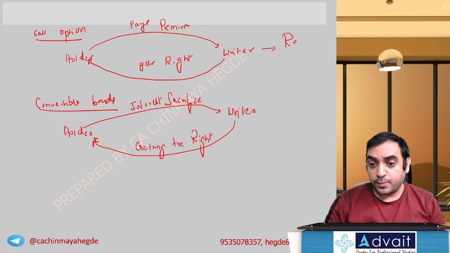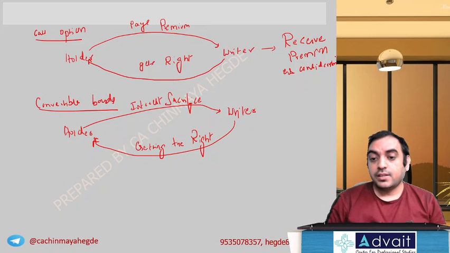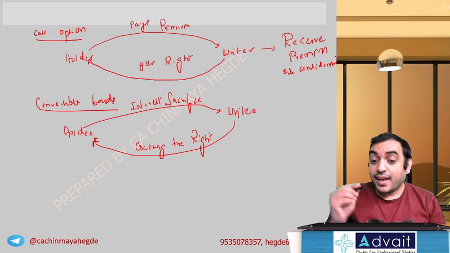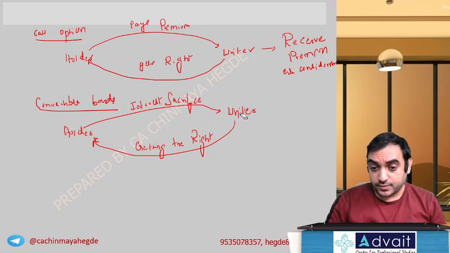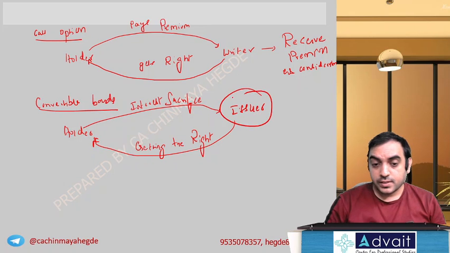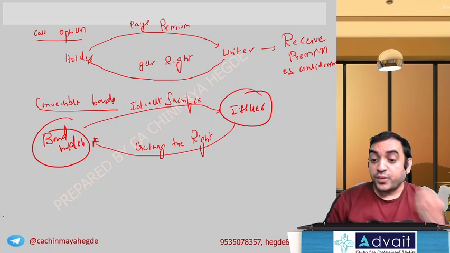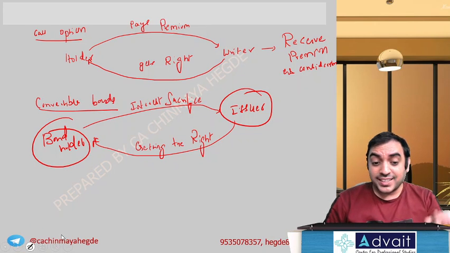The writer would have received premium, right? The writer receives premium as consideration. Here it's not a writer, here it's the company, the issuer. And here the holder is the bondholder. Now, from the issuer's point of view, how is he receiving premium?